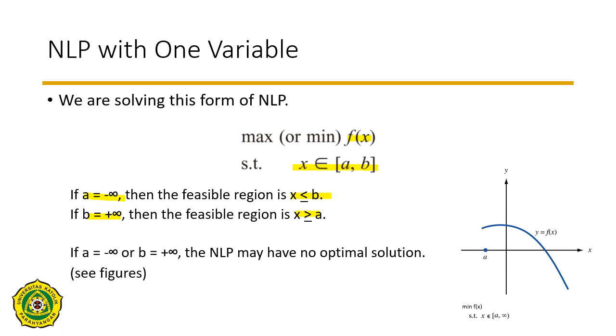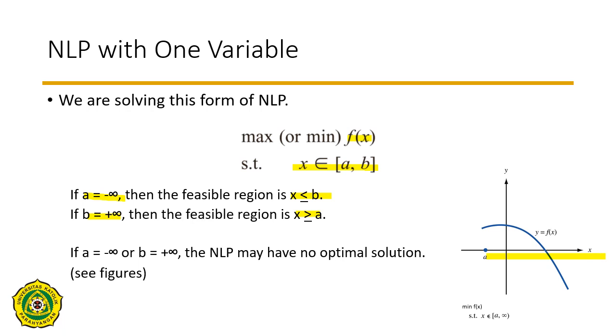For example, let's take a look at this figure here. We want to minimize this function that looks like this, and the constraint for x is greater than or equal to a, up to plus infinity.